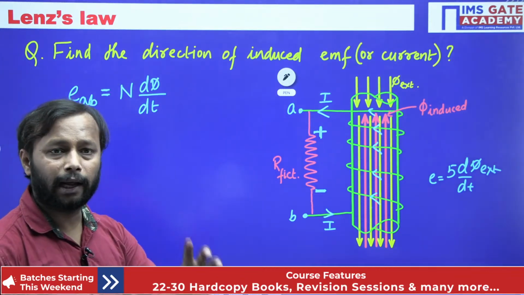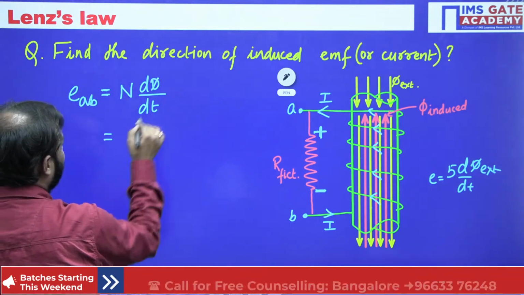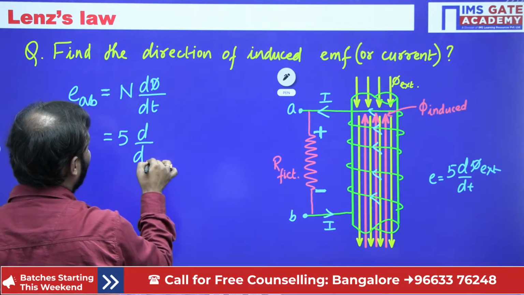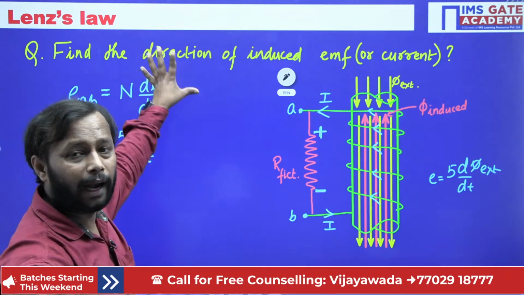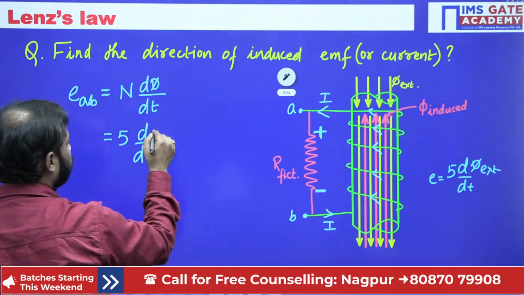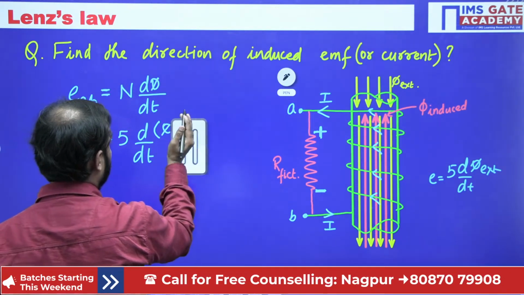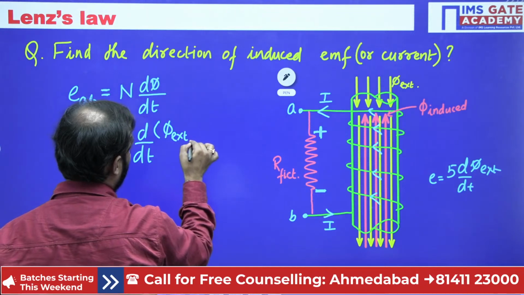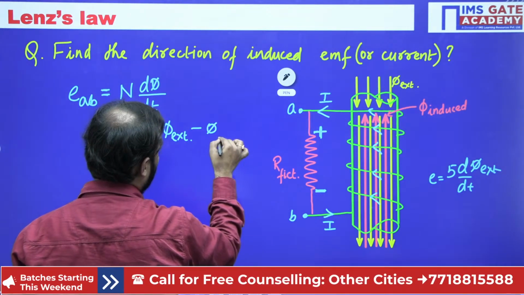But where N is 5, and d phi by dt, where phi is the net flux. So phi external minus phi induced, because both are opposite.